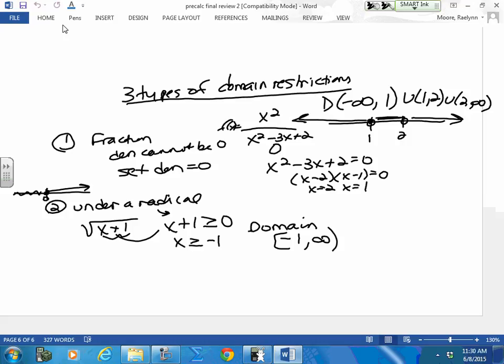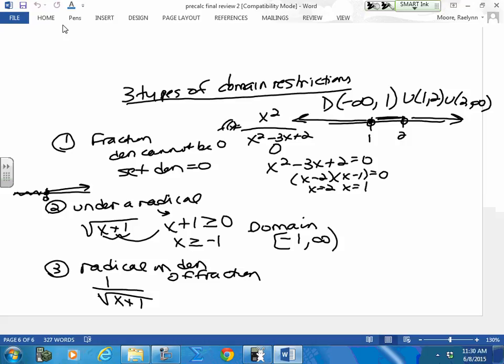Good? My third restriction kind of combines both of these. A radical in the denominator of a fraction. So if I put this in the denominator, I can still use most of that domain, but if I stick a -1 in here, what happens to my denominator now?